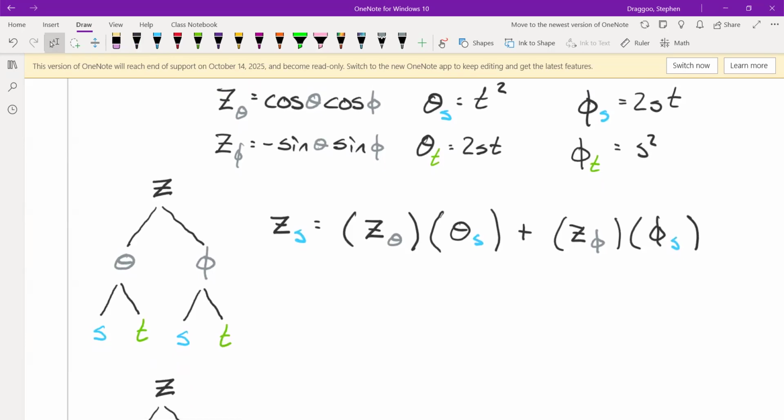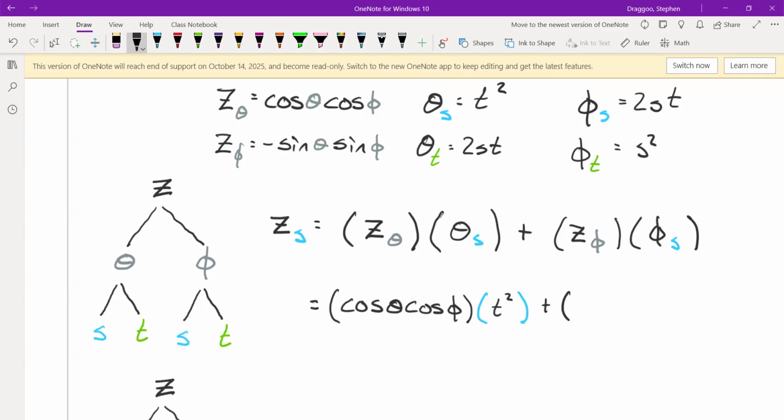And now I'm going to just bring everything in. So step 1, I've got cosine theta, cosine phi. And then I need to multiply that by the derivative of theta with respect to s, which is t squared.